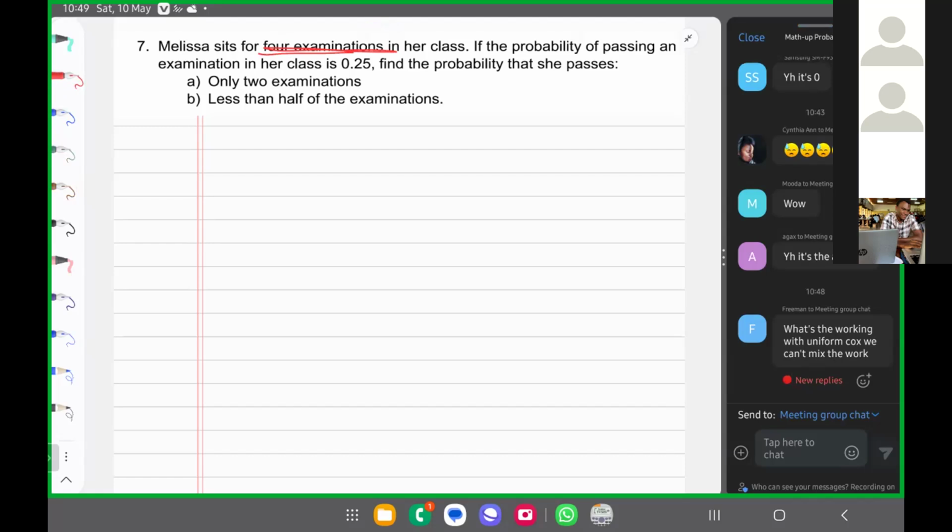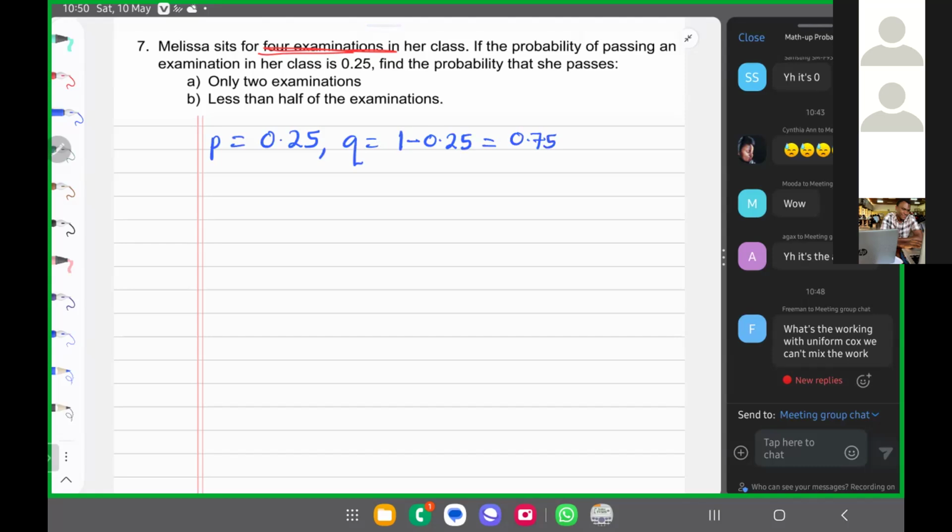As we said, you can either have a success or a failure. And in this case, our success is passing the exam. So our success, which is denoted by P, is equal to 0.25, which means that our Q will be equal to 1 minus P, 1 minus 0.25, which is equal to 0.75.